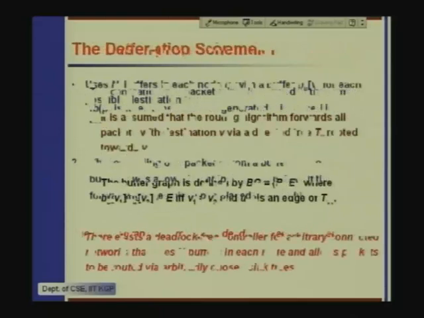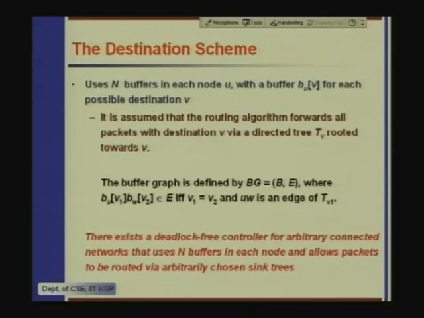Then among these structured buffer graph based solutions, we looked at one scheme called the destination scheme. So here we assume that each node has n buffers, where n is the number of nodes in the network, and we look at the set of buffers at the ith index in all nodes as one plane.